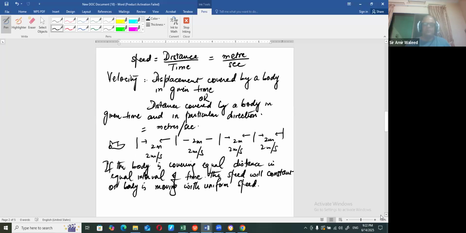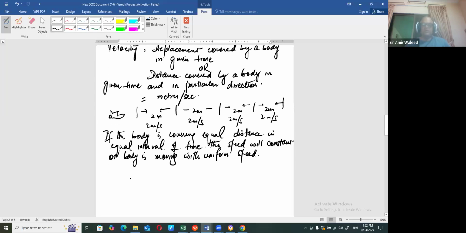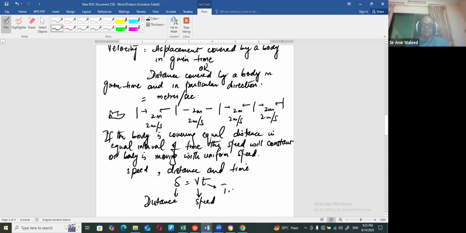So if a body is moving with a constant speed, we have a formula there that relates speed, distance, and time, which says S is equal to Vt, where S is the distance, or as I said, interchangeably, it can be displacement, V can be velocity or speed, and t is time.